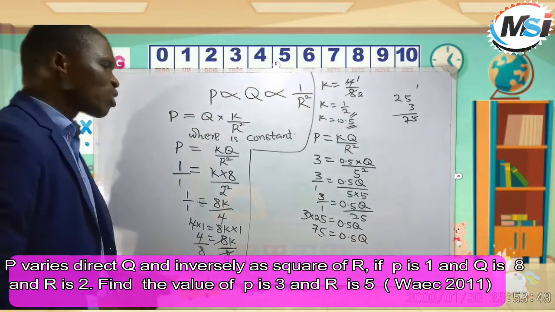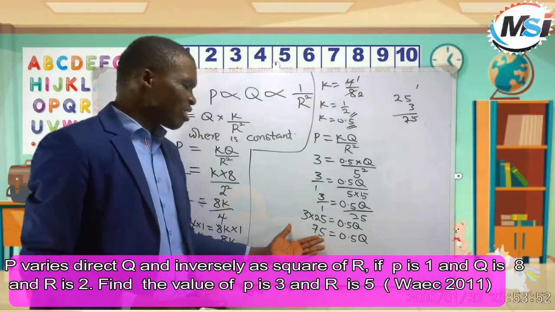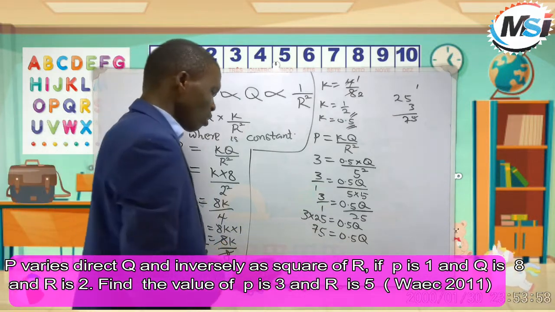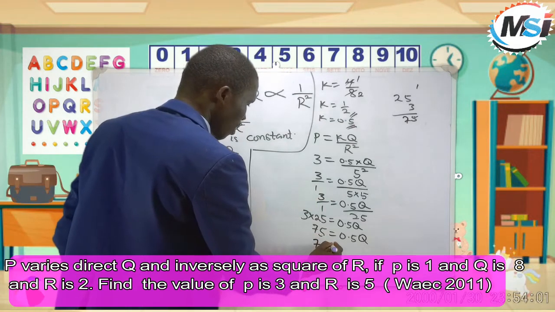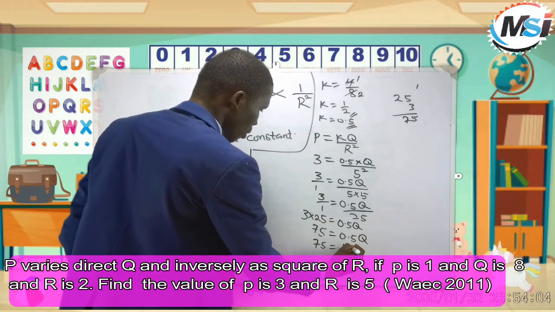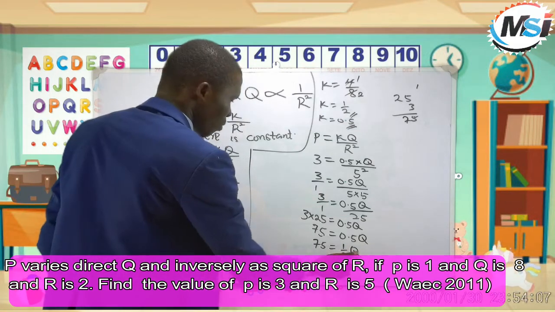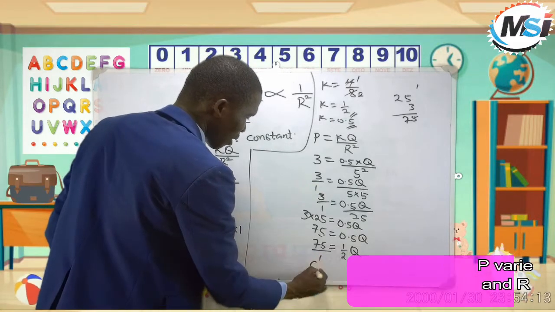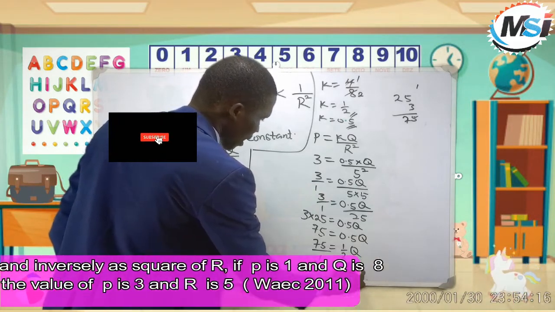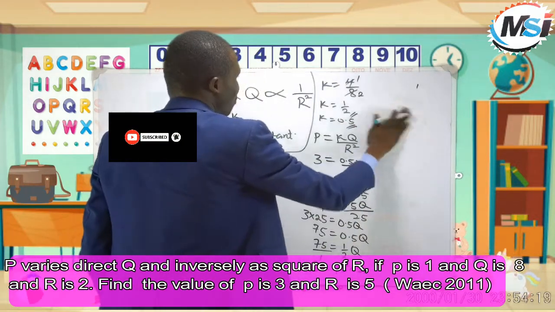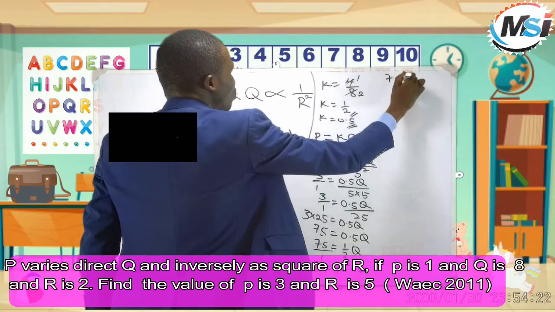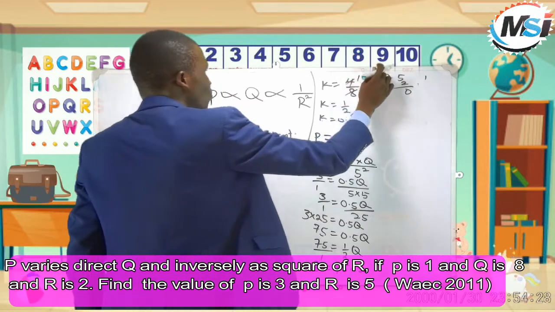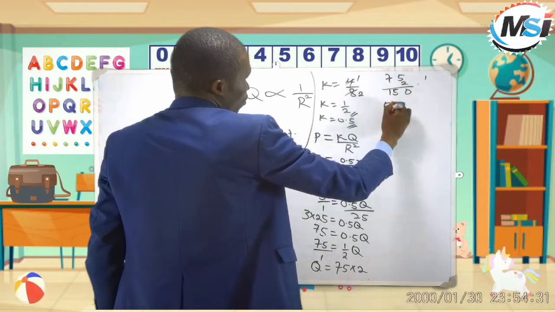Now, in order for you not to get confused dividing a whole number with a fraction, you can convert this to a fraction by saying 75 equals 1 all over 2Q. So Q will be 75 times 2. So let's multiply 75 by 2: 2 times 5 is 10, 0 carry 1, 2 times 7 is 14 plus 1 is 15. So Q will give you 150.